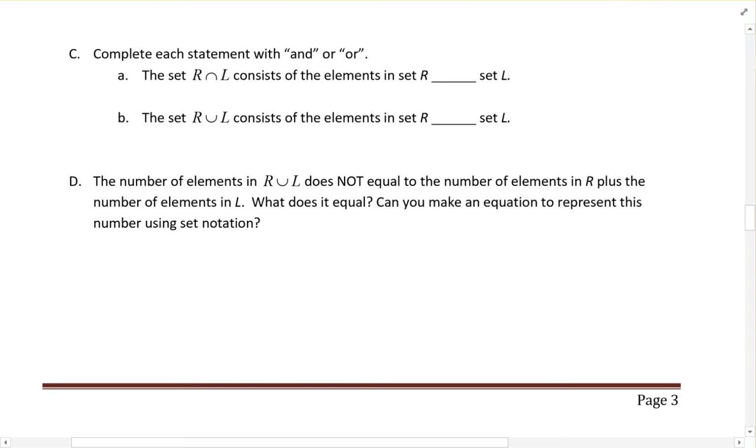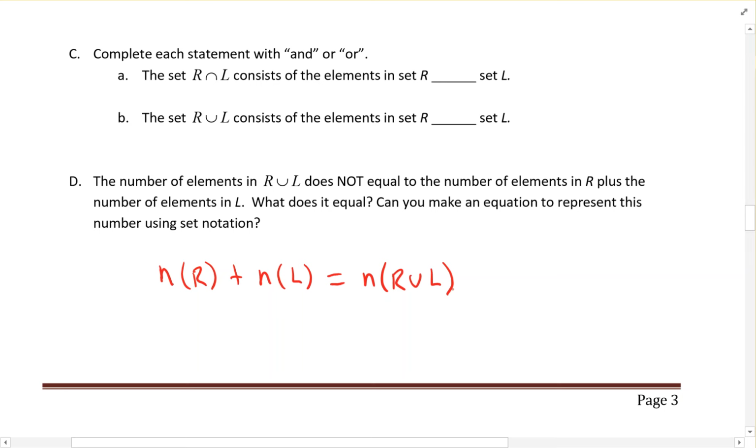So the equation for this, you could say the number of elements in R, that's the way you'd write that too, right? Like N and then bracket R, you're saying the number of elements in R, plus the number of elements in L, is going to be equal to the number of elements in R union L, right?